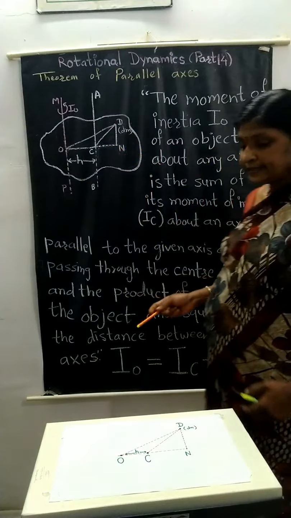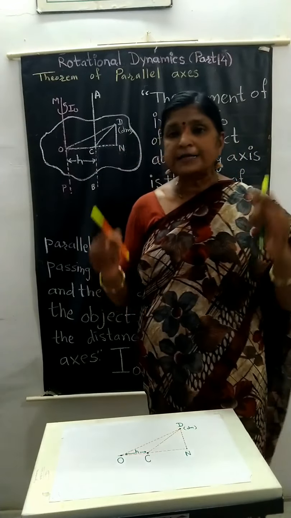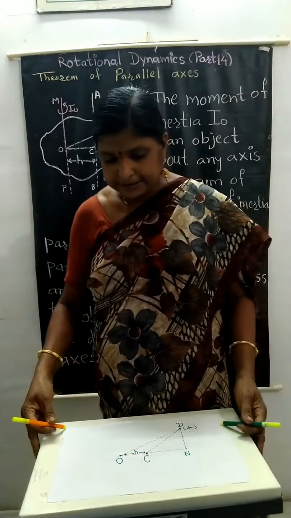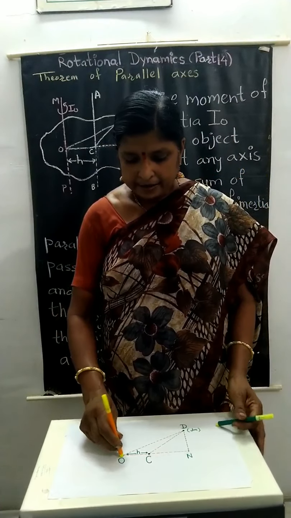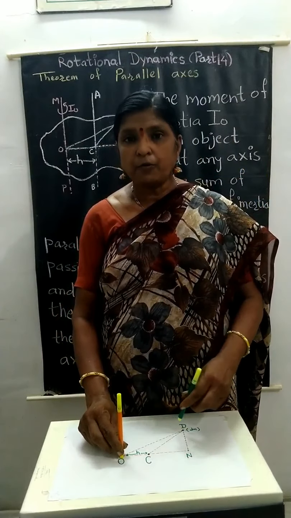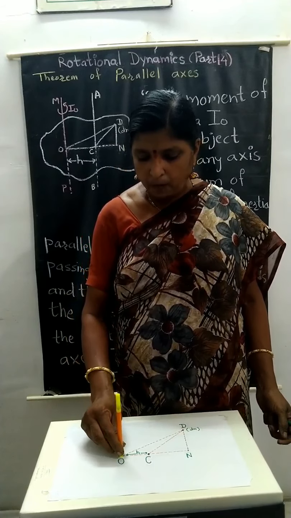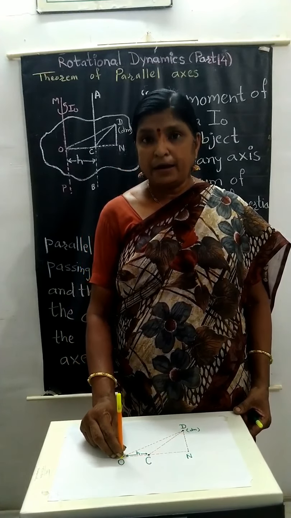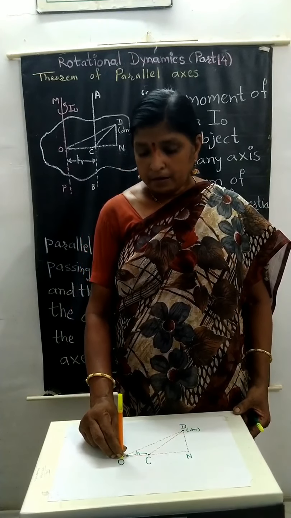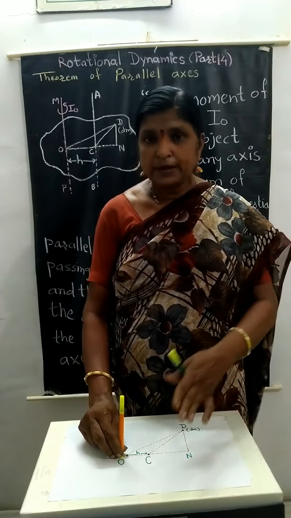And what is h? Now, for simplicity, I am considering here that the axis of rotation for this rigid body passing through point O is perpendicular to the plane, to the sheet.